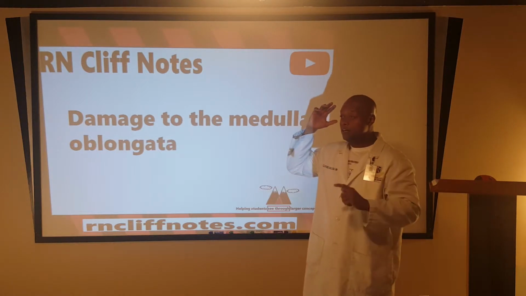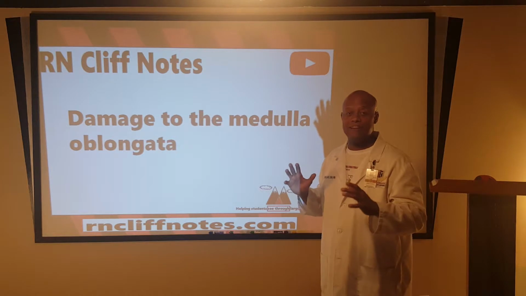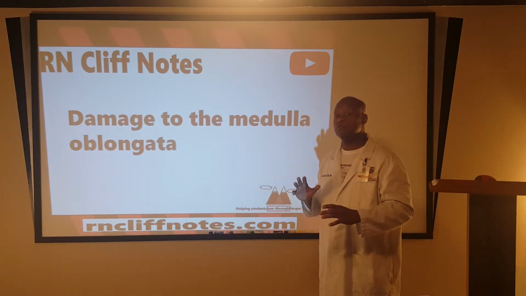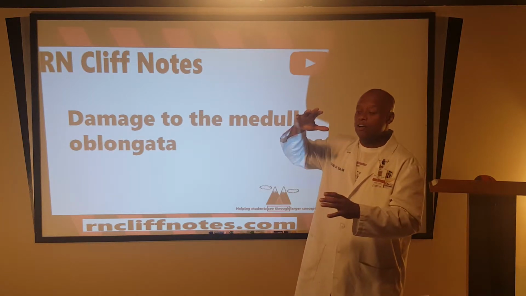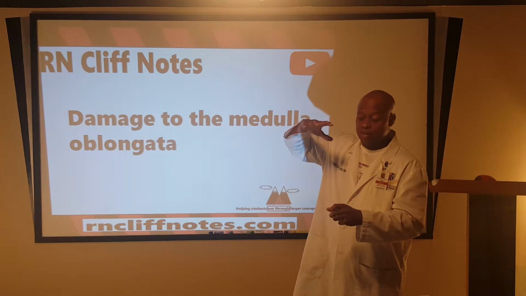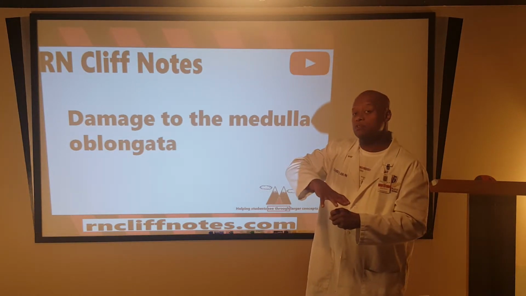The brain should be somewhat floating in CSF, cerebral spinal fluid. And what we don't want is the weight of the brain, and maybe a tumor or some other mass, coming down, squishing on the patient's medulla.